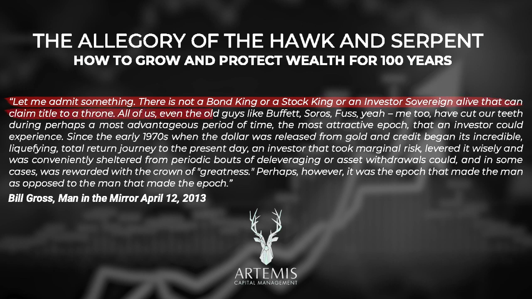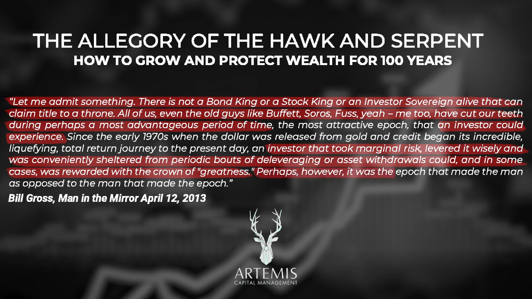All of us, even the old guys like Buffett, Soros, Fuss, and even me, have cut our teeth during perhaps the most advantageous period of time an investor could experience. An investor that took marginal risk, levered it wisely, and was conveniently sheltered from periodic bouts of deleveraging or asset withdrawals could, and in some cases, was rewarded with the crown of greatness.